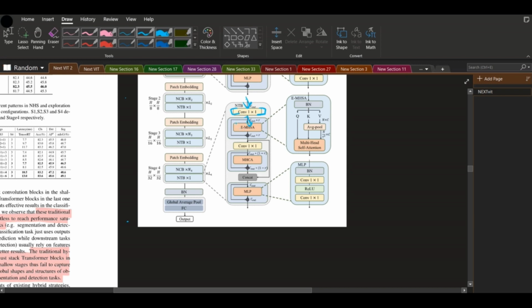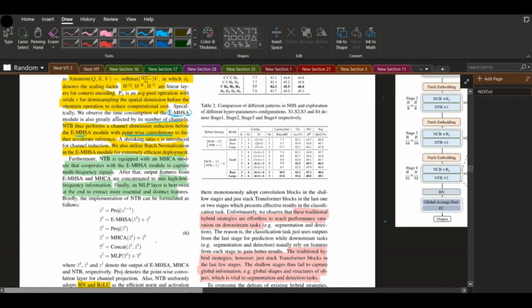This is mainly because based on the experimentation, they realized that when we have a large channel dimension, this module can take more time and increase latency. Then they introduced this shrinking ratio R, which determines the channel reduction.